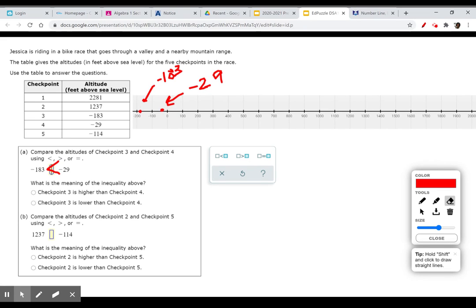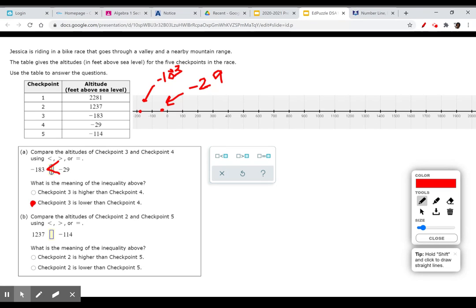And this is checkpoint 3, negative 183. So checkpoint 3 is lower than that. So that is actually lower. So checkpoint 3 is lower than checkpoint 4.